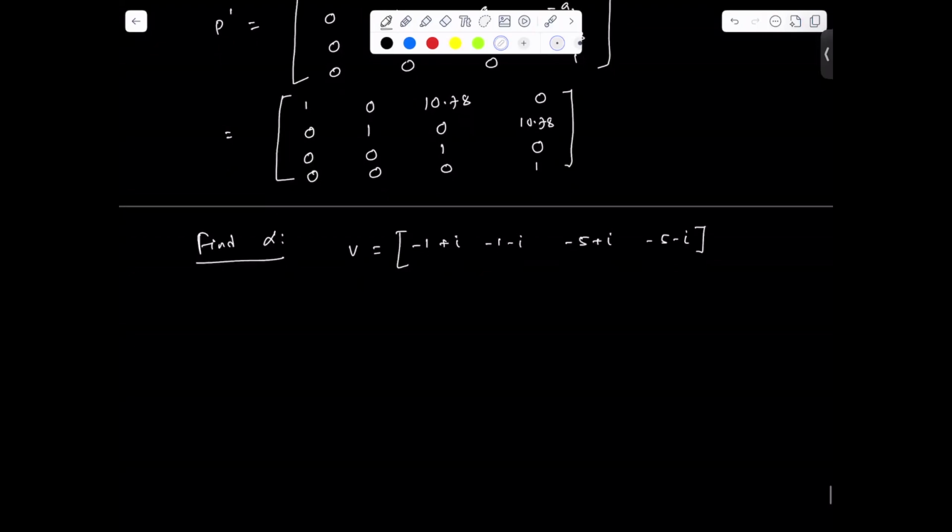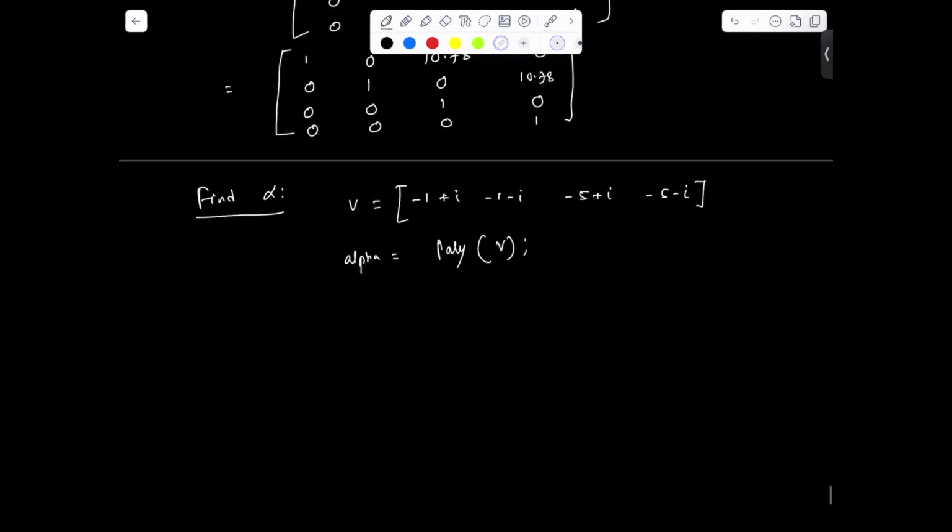Now here also we can use poly to get the alpha polynomial coefficients, and alpha is found to be 1, 12, 72, 120, and 100.